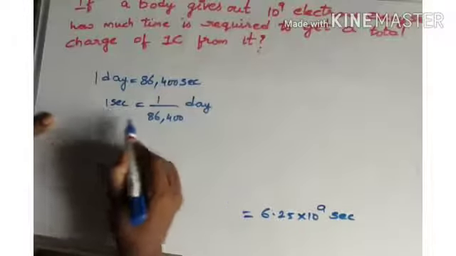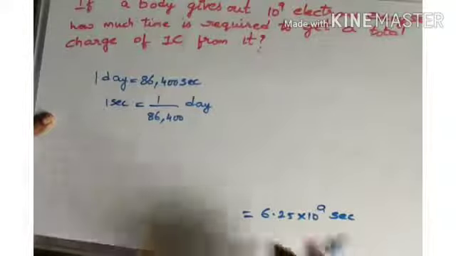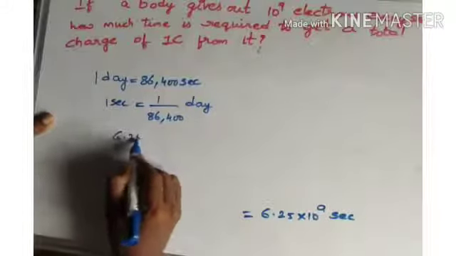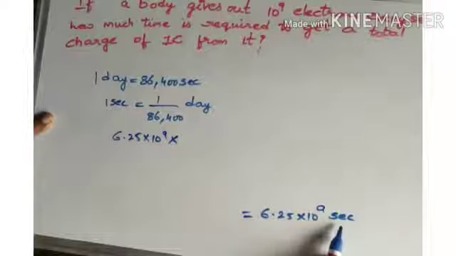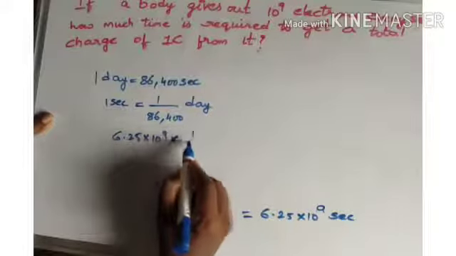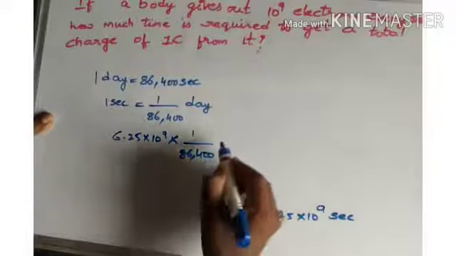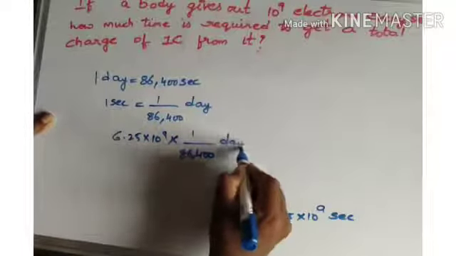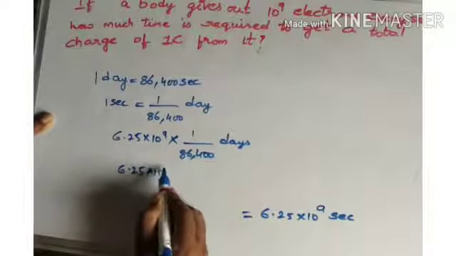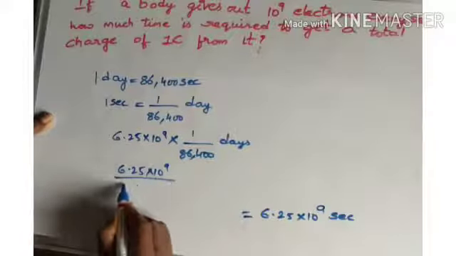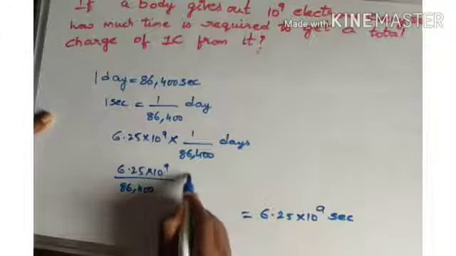That means 1 second is nothing but 1 by 86,400th part of a day. So 6.25 into 10 to the power 9, in place of 1 second, I'll write 1 by 86,400 days. So this is 6.25 into 10 to the power 9 by 86,400 days.